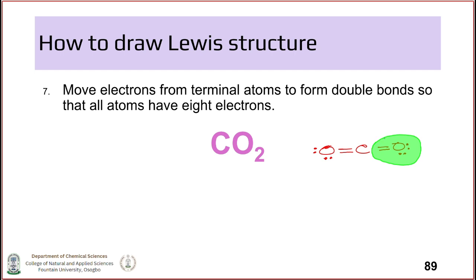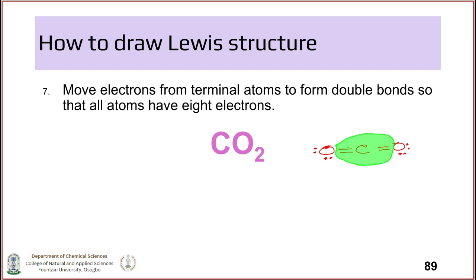What about the carbon at the center? We have to count the bonds for all of them. The bonds that link, we have to count them for both atoms. So we counted these 2 bonds, the double bond, for this oxygen. We are counting it for carbon as well, because it's between carbon and oxygen. We did the same thing for the other oxygen here.